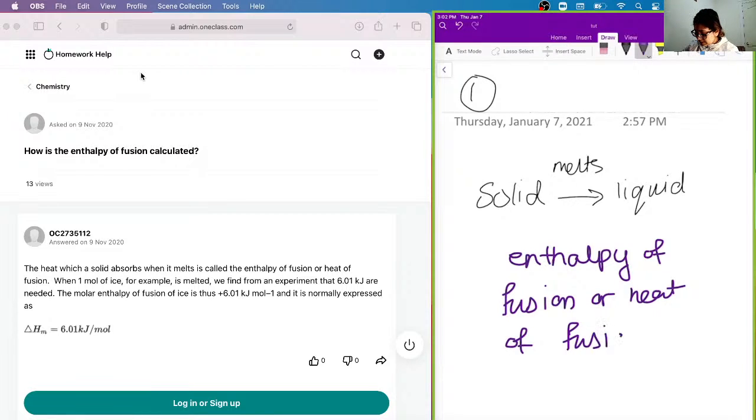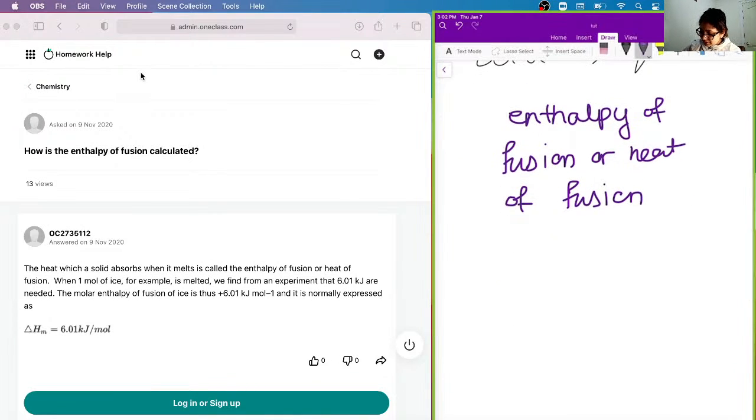For example, if you're talking about ice, let's say a solid ice cube melts and becomes liquid water. This transition, or the heat which the ice in this case absorbs to melt into water, is called the enthalpy of fusion or heat of fusion.